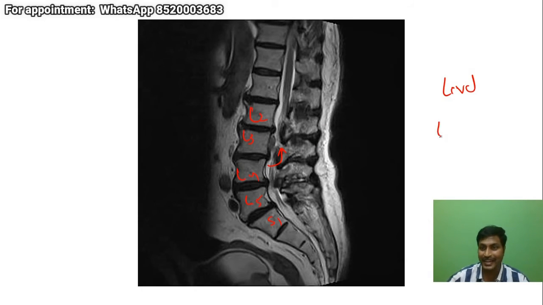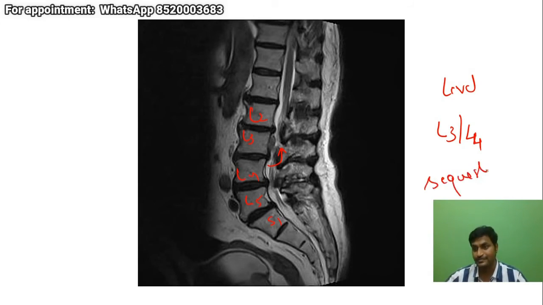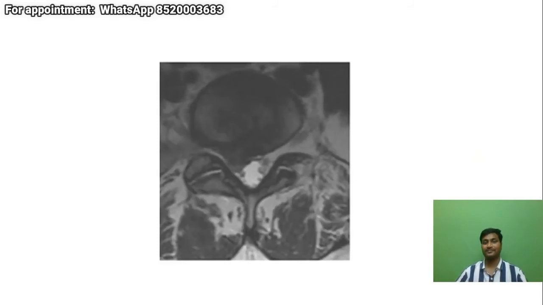So this is the L3, L4 disc. This is sequestered. It has lost the continuity. And also, in addition to sequestered, it has cranially migrated. Fine. We'll go to the next one.